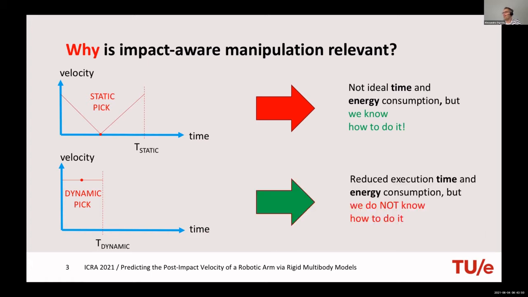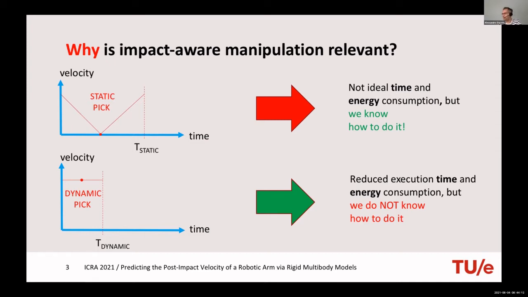So we can reduce time and energy consumption, but how to do this with a robot is not yet fully known. Of course, there are wonderful examples popping up in the last years, things from Boston Dynamics, robots jumping and doing somersaults. So things are changing. The hardware is getting ready, and people are more and more investigating this possibility.